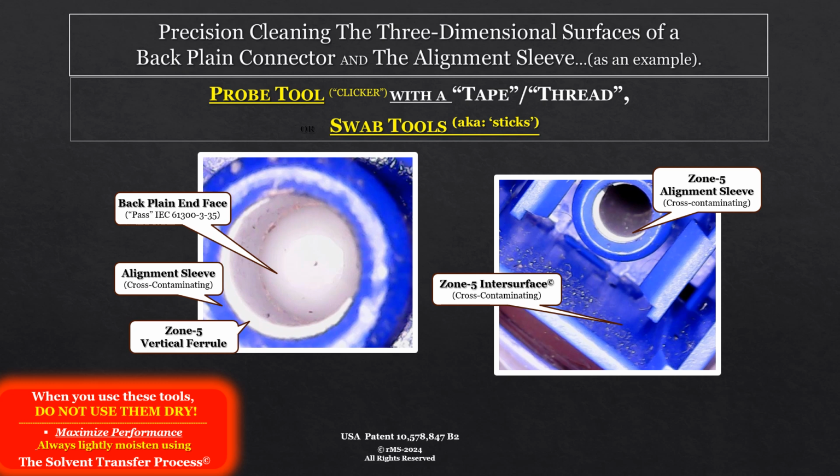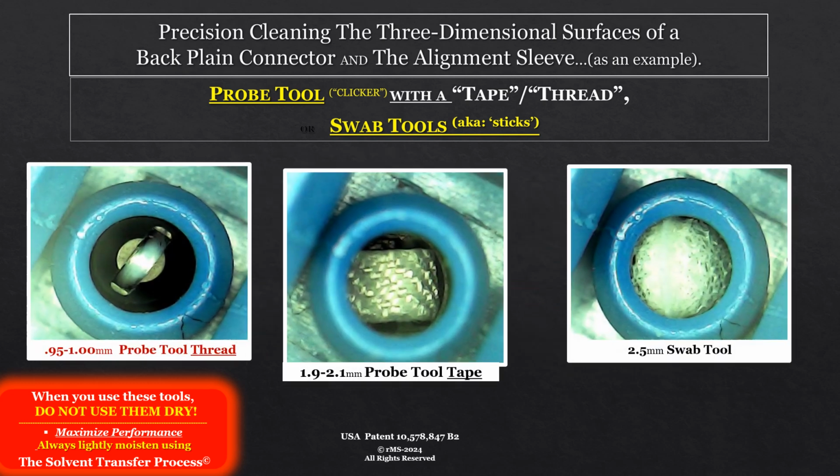What are the tools? The 2.5 millimeter probe tool tape actually measures around 2 millimeters. It's a rectangular cleaning a circle, and it's actually the edges of that cleaning tape that, even though it rotates, do the cleaning and absorb the soil.